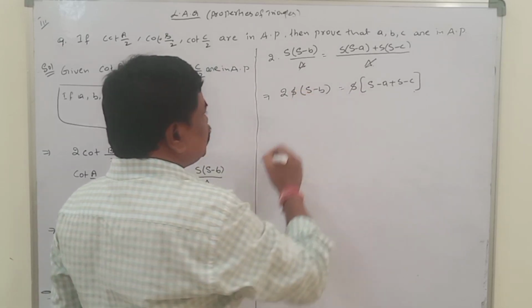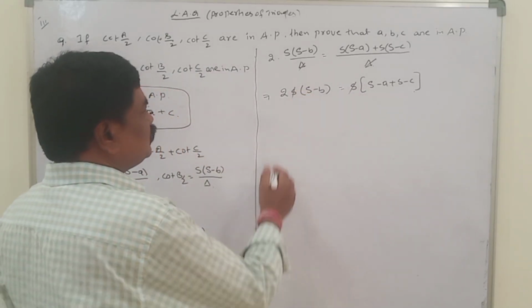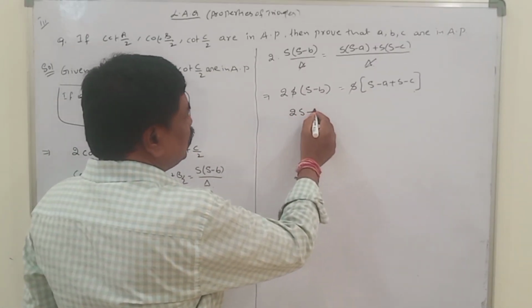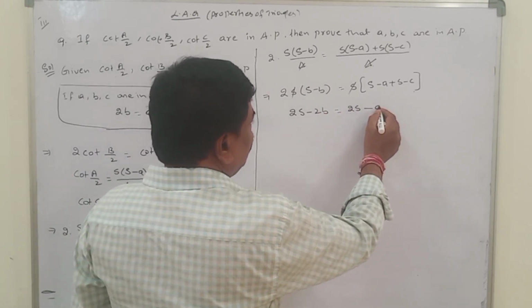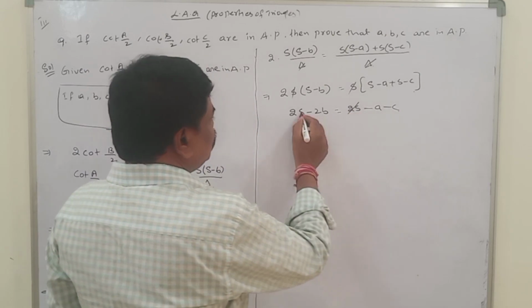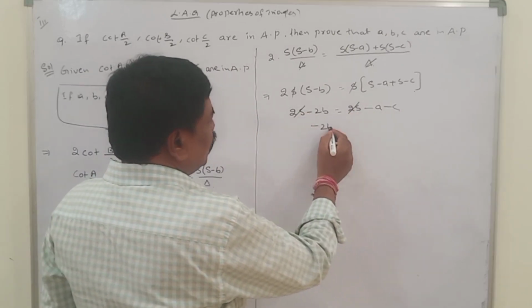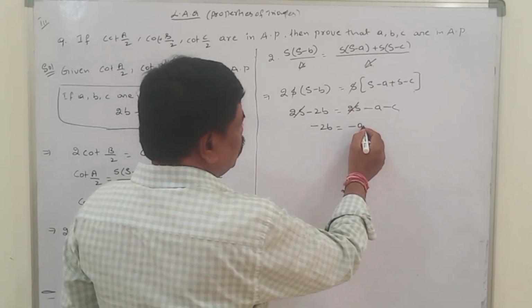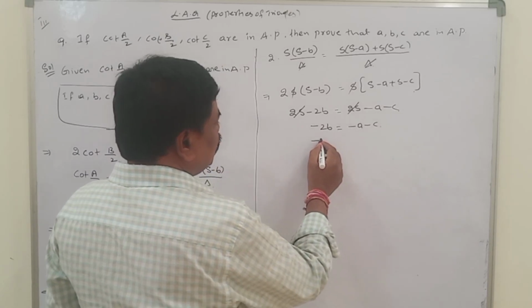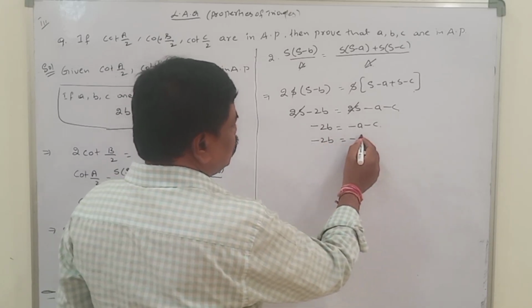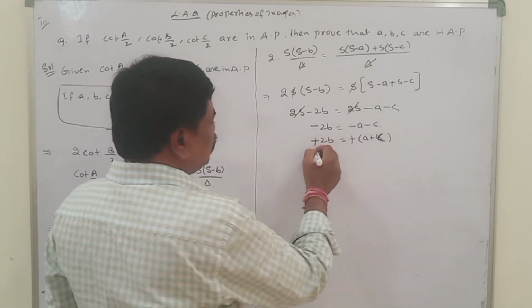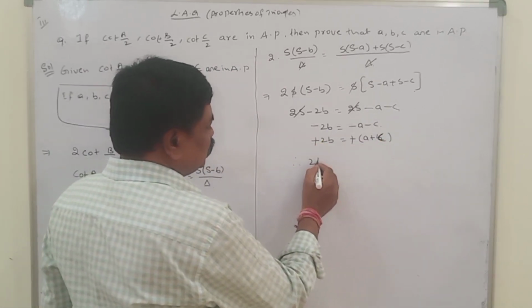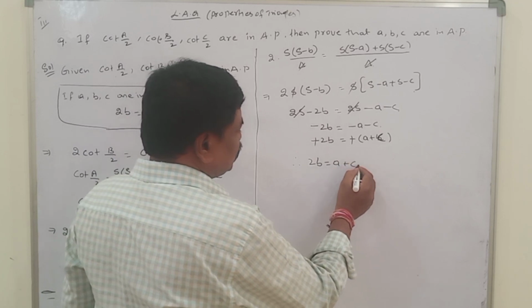So S cancels. Then we have 2S minus 2b is equal to 2S minus a minus c. 2S cancels. Minus 2b is equal to minus of a plus c. So the minus cancels. Therefore 2b is equal to a plus c.